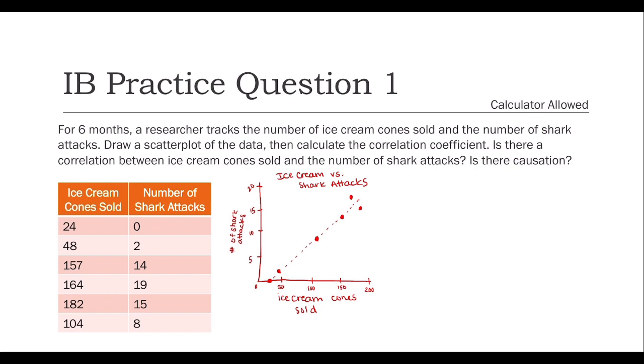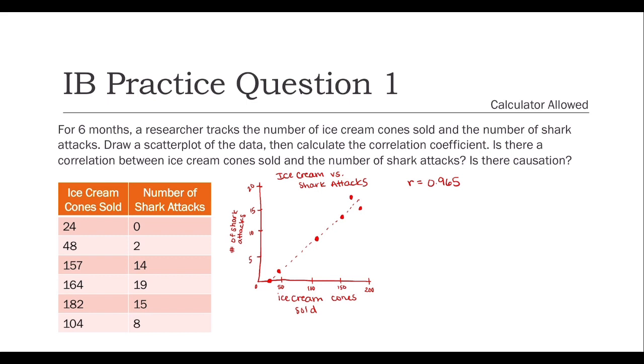To find out for sure, we'll go to our calculator. And in lists 1 and 2, we'll enter the number of ice cream cones sold and the number of shark attacks. Then we'll go to Stat, Calc, Linear Regression, and hit Calculate. So this asks for our correlation coefficient, so that's R. So R equals 0.965.